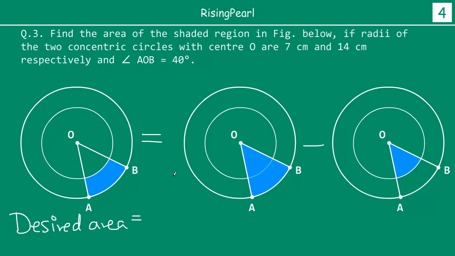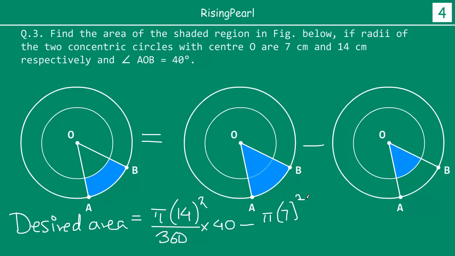is equal to pi r square by 360 times 40 minus pi r square by 360 times 40.